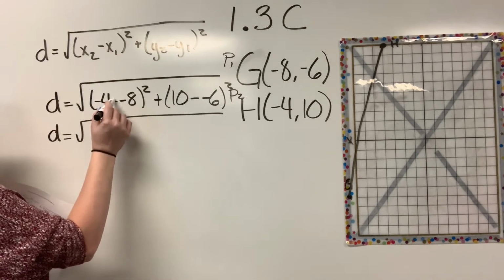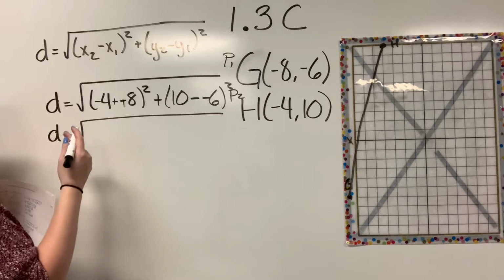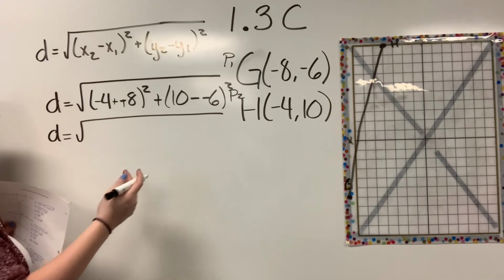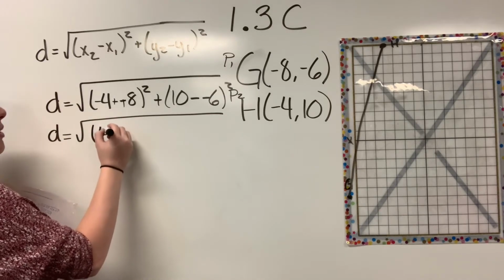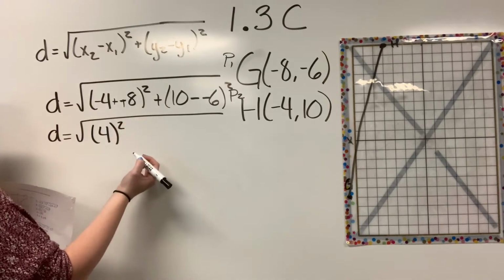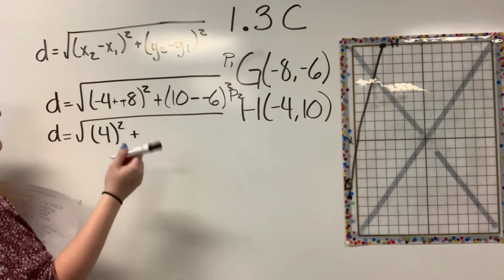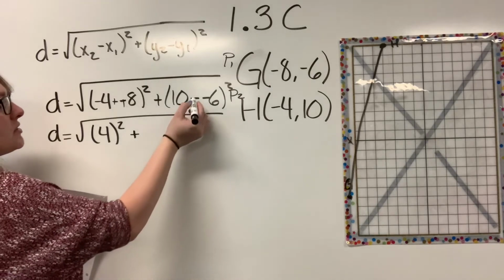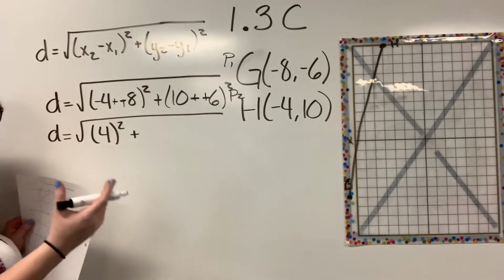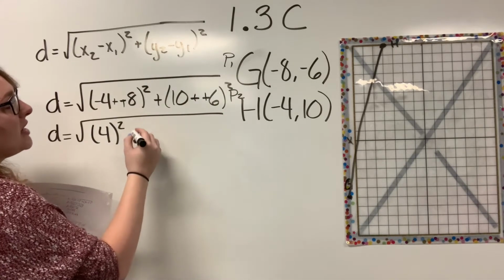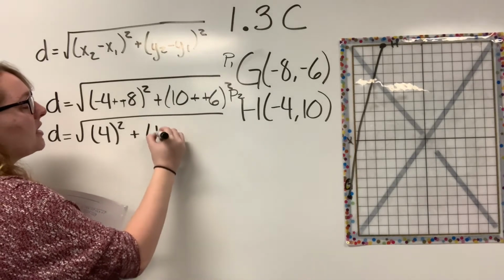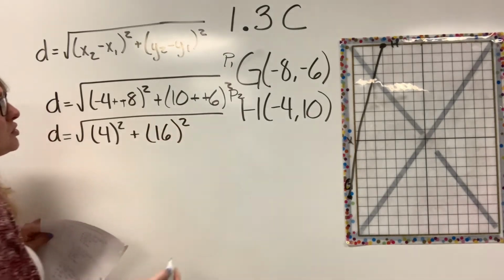When you minus a negative, you're really adding a positive, so -4 plus a +8 gives us a +4 squared, plus 10 minus a -6. When we minus a negative, we're really adding a positive. So 10 plus 6 gives us a +16 squared.